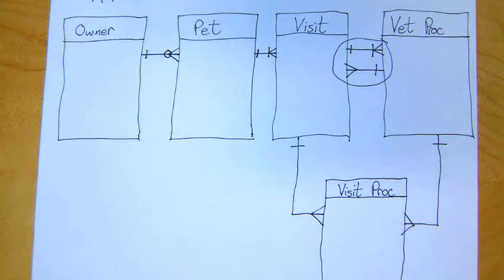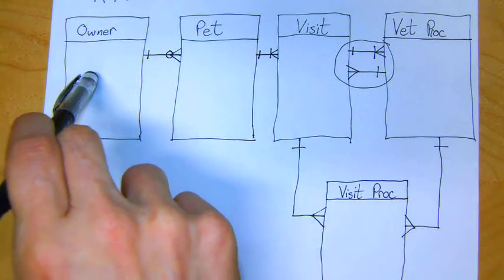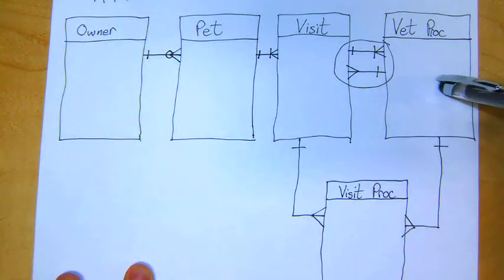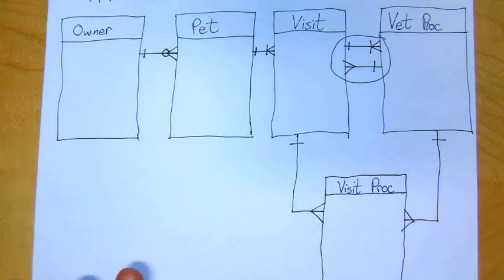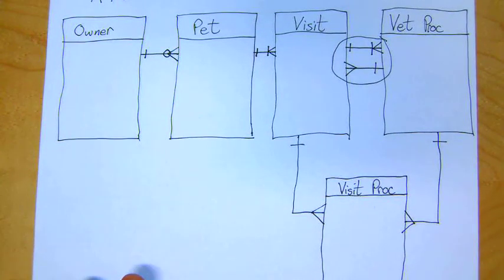If you don't have relationships set up, then your owner table is not connected to the veterinary procedure, so you don't have the ability as a business owner to ask what veterinary procedures Connor has had for his animals, right? Which is something you might want to know, like if he needs to know whether all of his animals are up to date on their vaccinations, right?